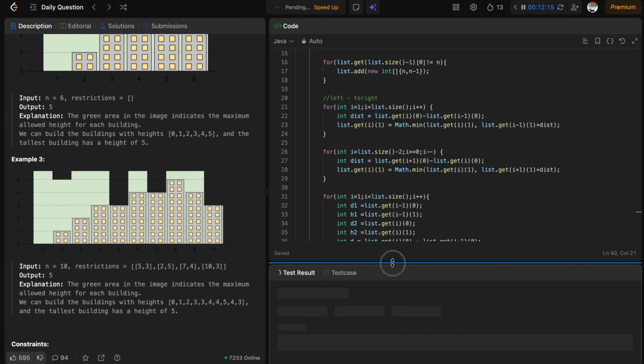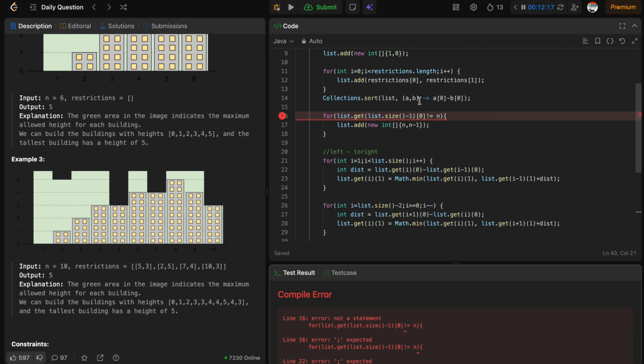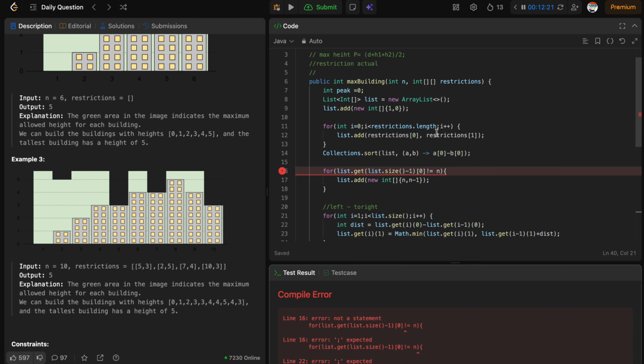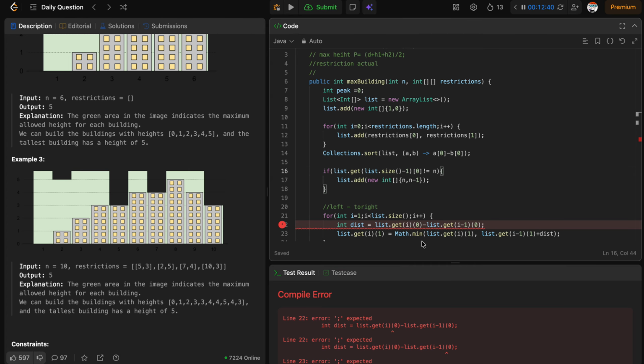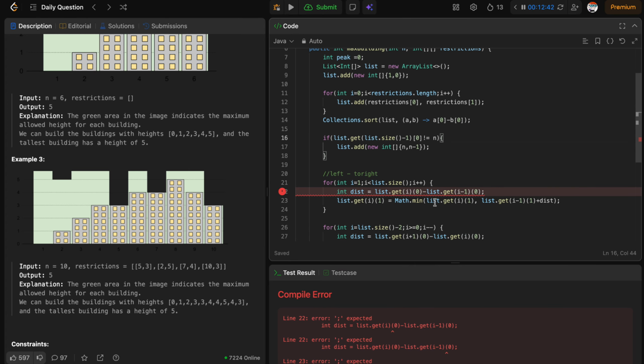Yeah, so we got the error. Okay, because we are going for the and, not if. What is the problem here?